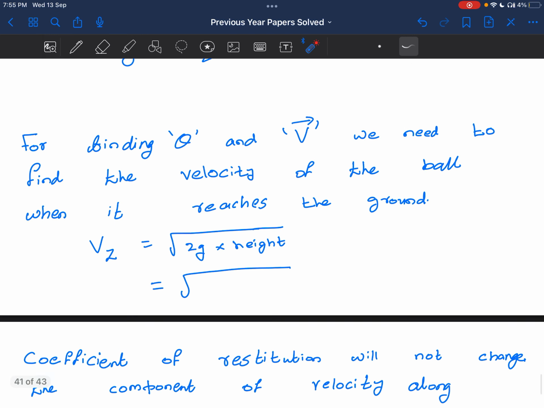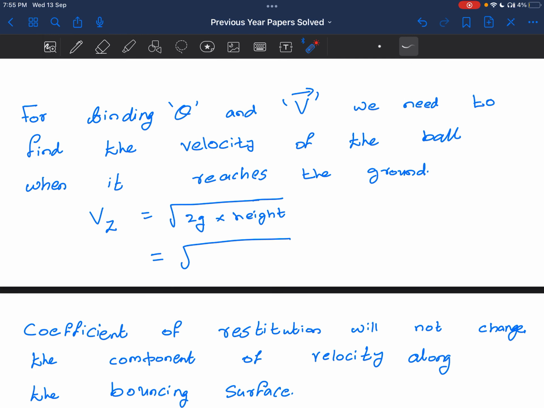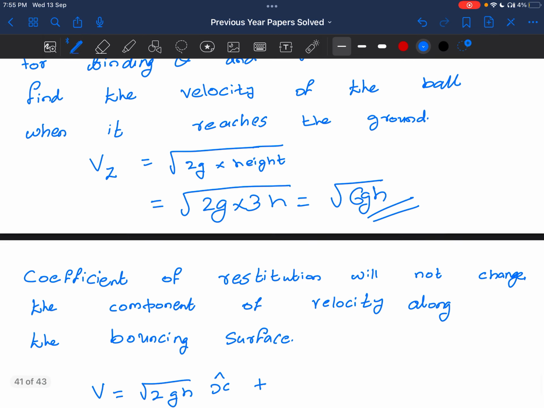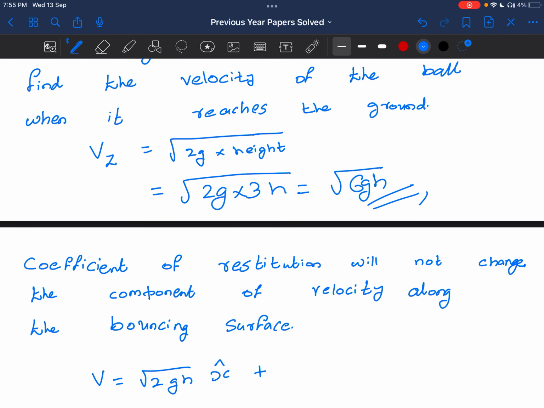So the vertical component of velocity will be root of 2g into 3h, that is root 6gh. So the total velocity, let's name it as Vg, as we have another V here.